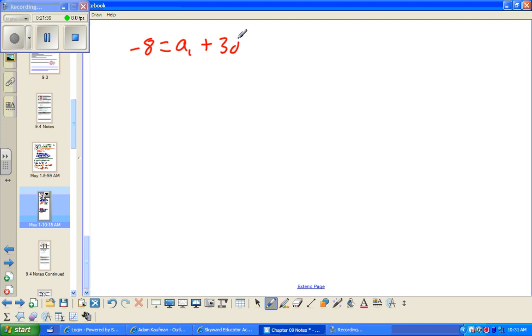And for the seventh term, that's 4. That needs to equal the first term plus, well, 7 minus 1 is 6, so 6d. Now you have two equations with two unknowns. Solve for d and finish out those types of problems in that way.